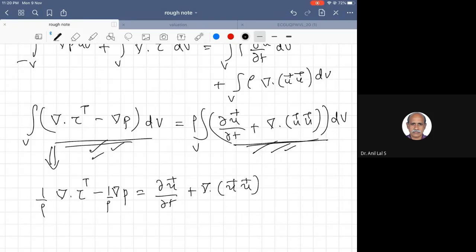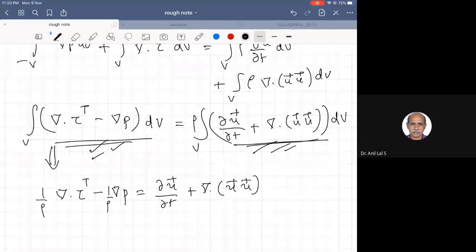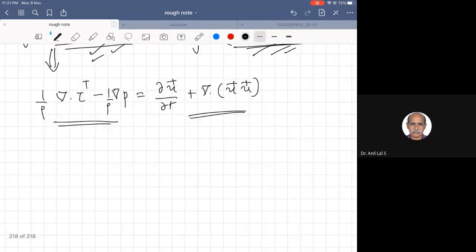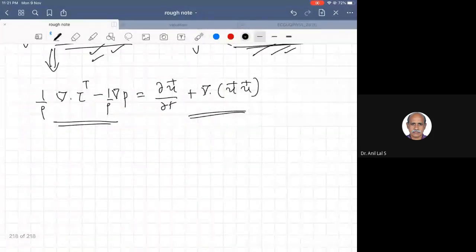These terms are actually accelerations. The left hand side is force per unit mass, and this side is some kind of acceleration.